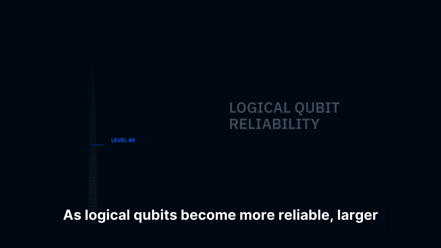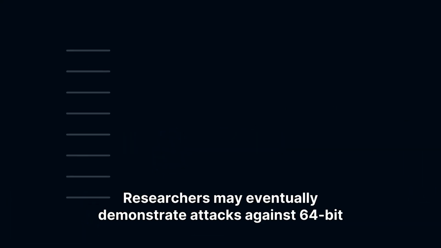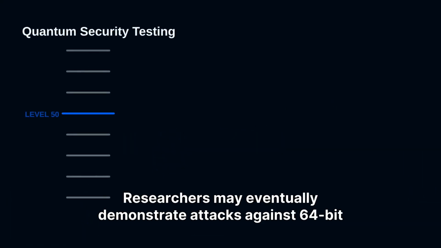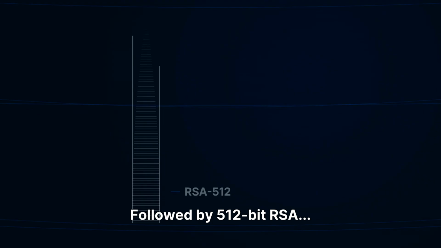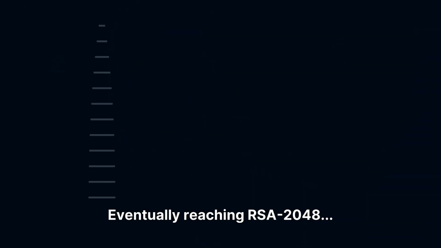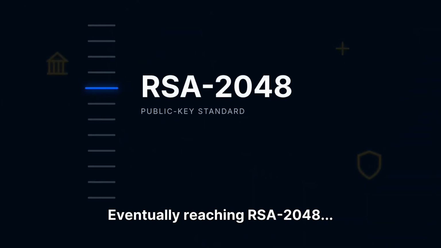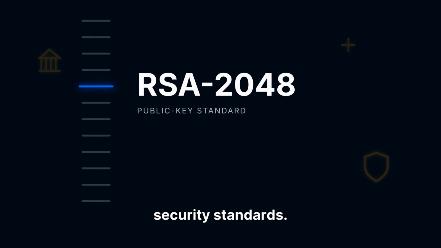As logical qubits become more reliable, larger cryptographic systems become possible. Researchers may eventually demonstrate attacks against 64-bit keys, then 128-bit systems, followed by 512-bit RSA, then 1024-bit RSA, eventually reaching RSA-2048, one of today's most widely recognized public key security standards.